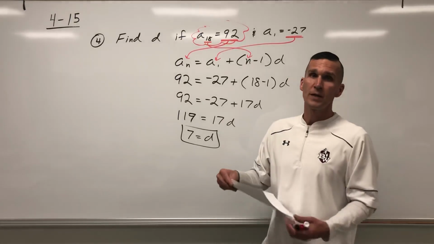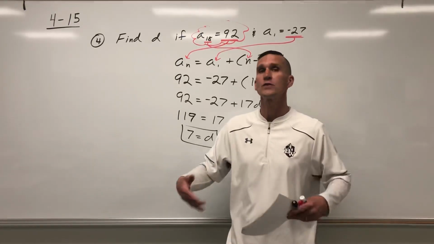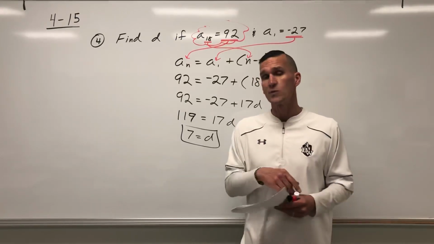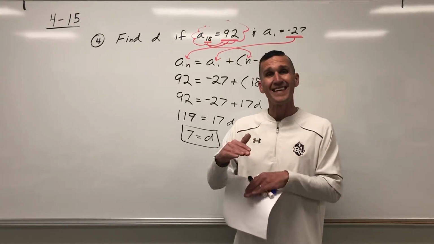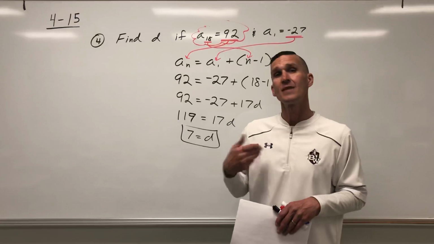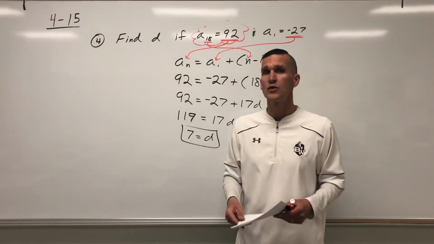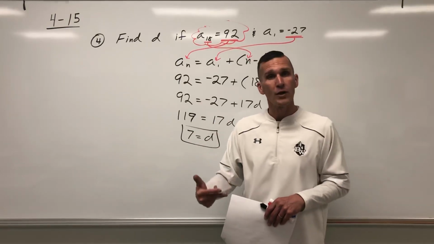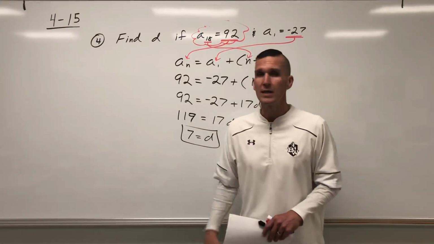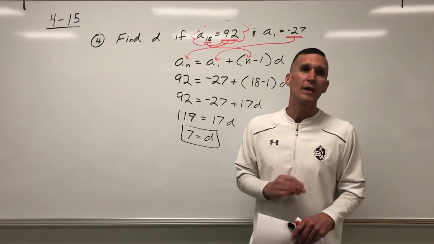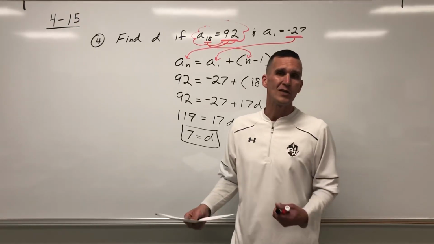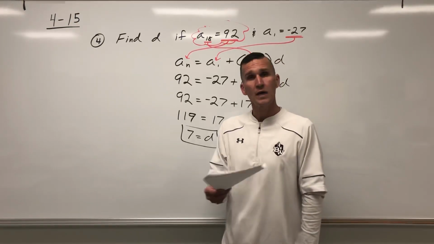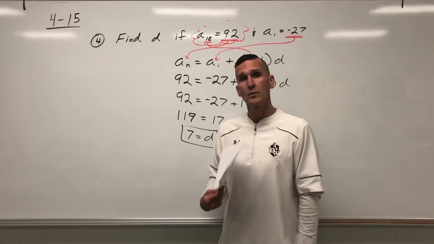It's going to be hard for me to check 130 students' homework each day, so that's your responsibility. Your responsibility is look at my keys, make sure things make sense, and then let me know if you're having issues so I can help you out. I'm going to quickly scan through, make sure that you tried all the problems, kind of look like what we did, but I can't look at everybody's specific answers each day. So do what you can to help yourself out and let me know what I can do to help you.